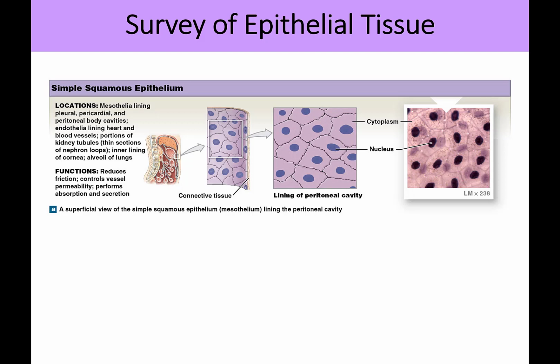Otherwise, you would not be able to breathe because you ran out of air due to not being able to exchange gas as quickly. But simple squamous epithelium fixes the problem. It allows diffusion of nutrients very, very rapidly.